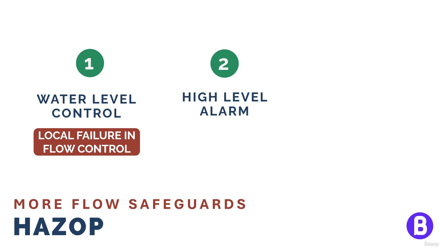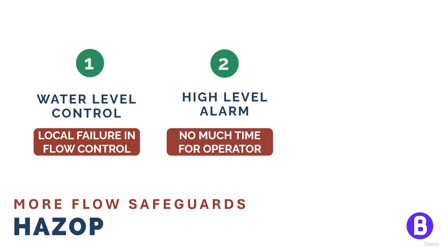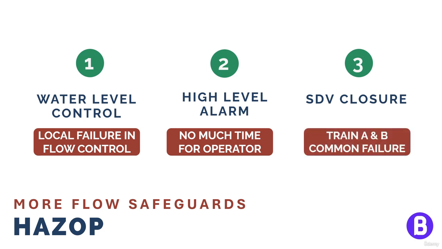However, the operator may not have enough time to respond, and we are having SDV1 and SDV2 that shall stop the flow to both trains A and B in case common failures such as general instrument error or power failures occurred. These safeguards don't seem to be enough. So what shall we do? Let's see in the next video.